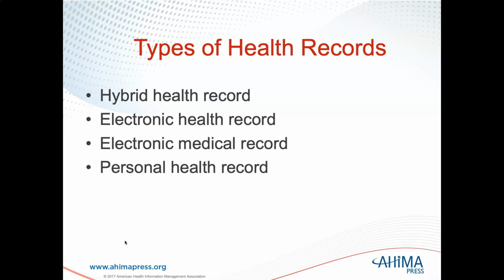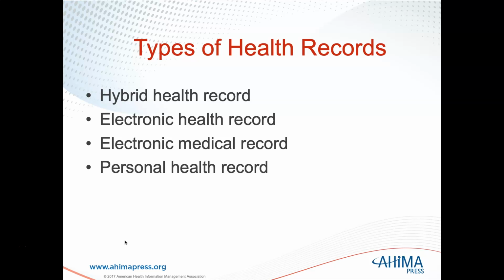A hybrid record is basically, it's got some paper components and some electronic components. That's why it's a hybrid. Most of those are fading away. Again, you have to remember these slides are from 2017 when they last published the book, and so much has changed in almost 4 years. Most healthcare organizations now have electronic health records.